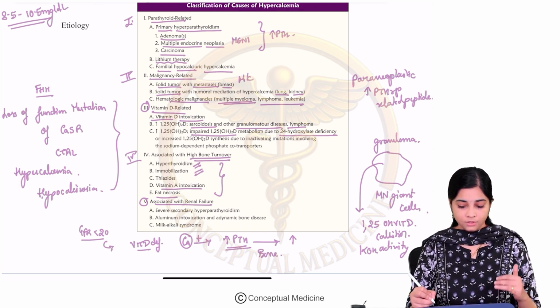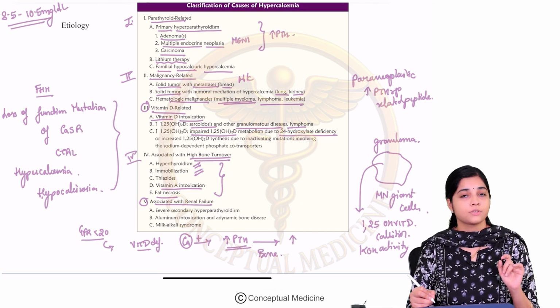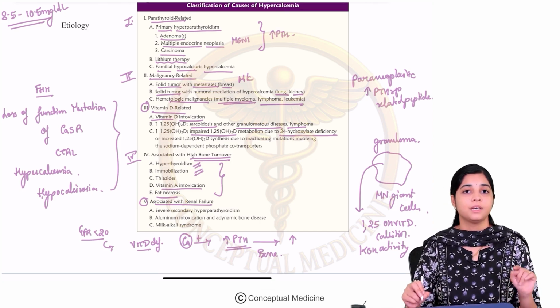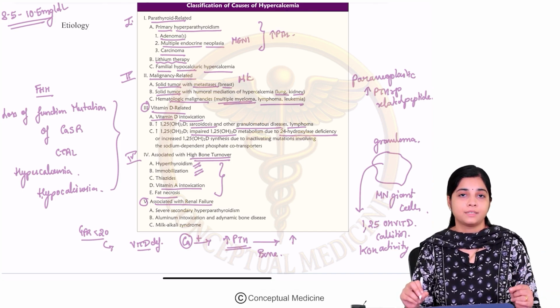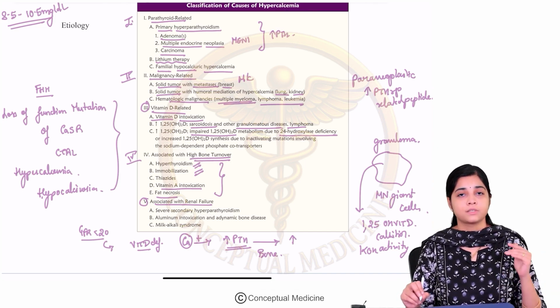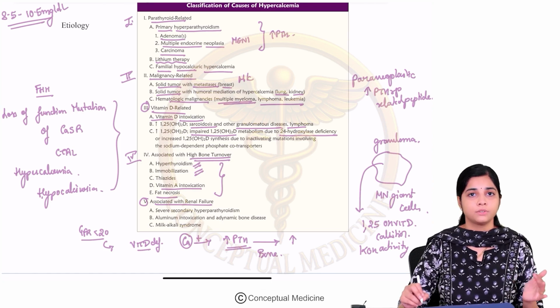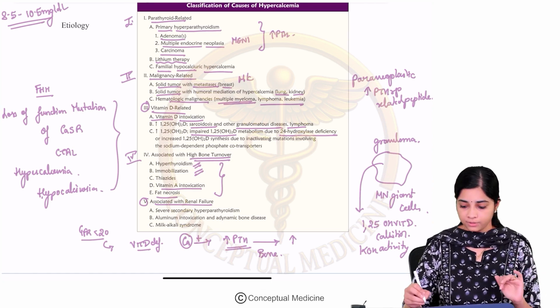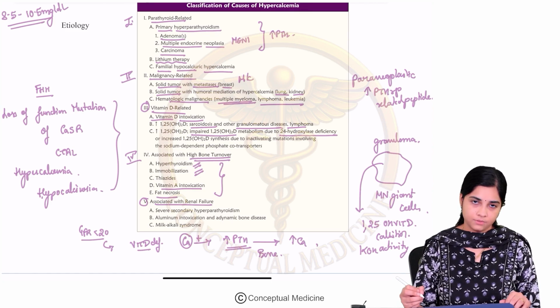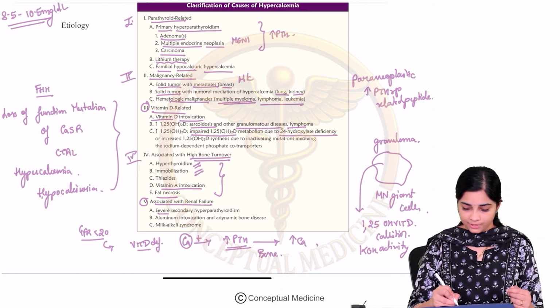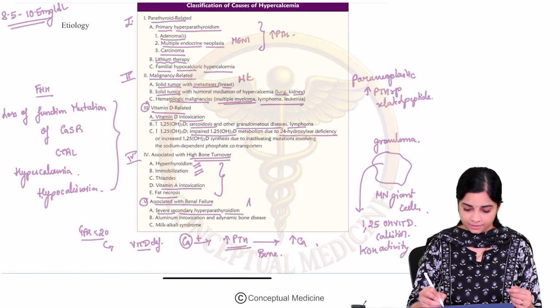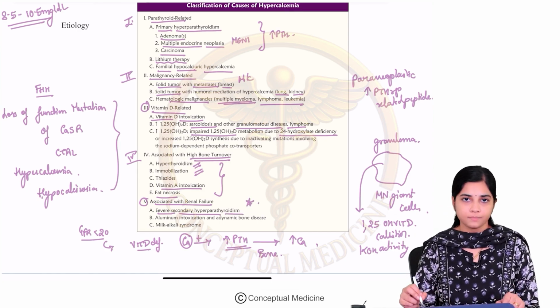So in initial stages of renal failure, there will be hypocalcemia, which stimulates your parathormone. This is your secondary hyperparathyroidism. In the later stages, continuous increased parathormone acts on the bone and increases your calcium again. So serum calcium is in fact going to increase. This is what happens in severe secondary hyperparathyroidism in renal failure, right?